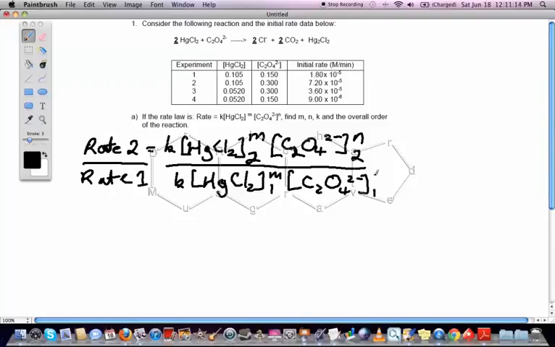And then it's just a matter of plugging in our values. Rate 2, 7.20 times 10 to the negative 5 molar per minute. I'm just getting that unit from up here in the table.